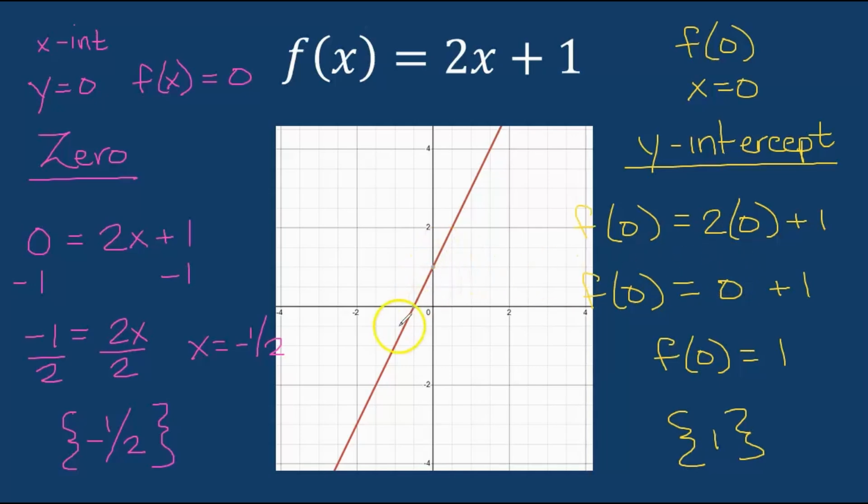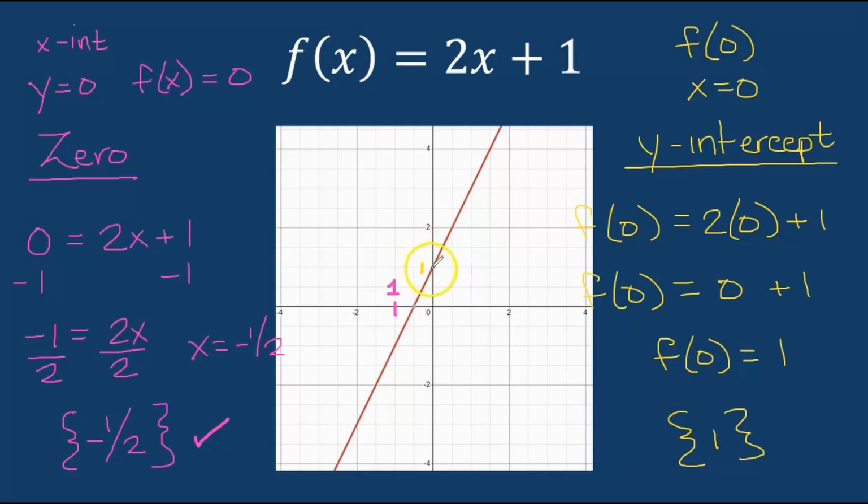If we look at the graph of here, we can see that 0 is crossing at negative 1/2. So that's our 0. This is the number 1, and this is halfway, and so we've gotten this one correct. If we look at our y-intercept, that's where it's going to cross the y-axis.